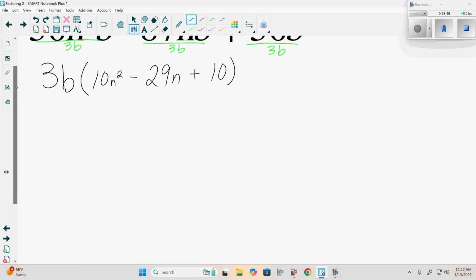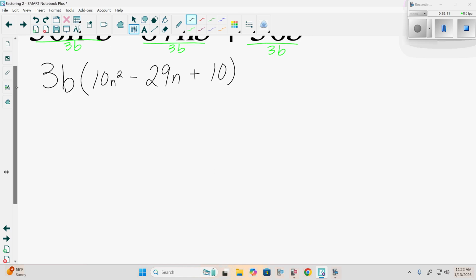Giving us this here. Now again, with greatest common factor, if that's a struggle, hard to see the greatest common factor, some of the things I would default to is what is a common factor that we do see? Factor it out, and then check the numbers again. So if we weren't sure that 3 was the greatest common factor, but we know it is a common factor, I can then factor it out and look back. 10, 29, 10.